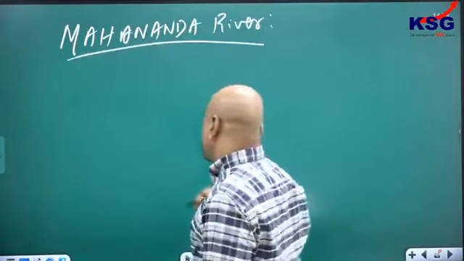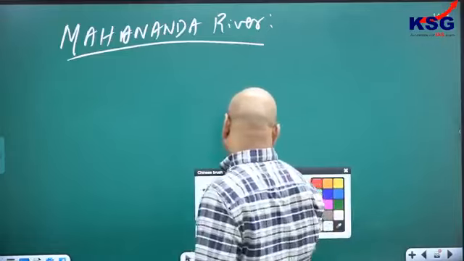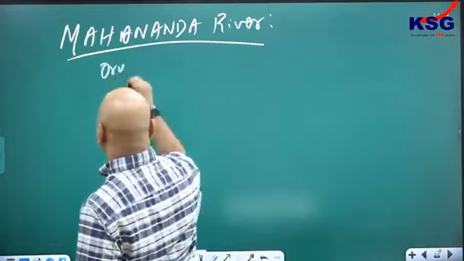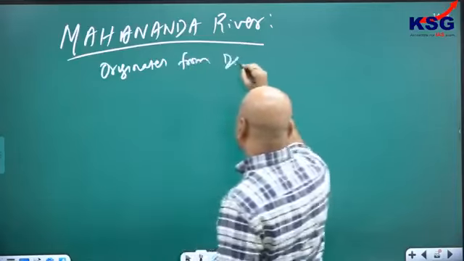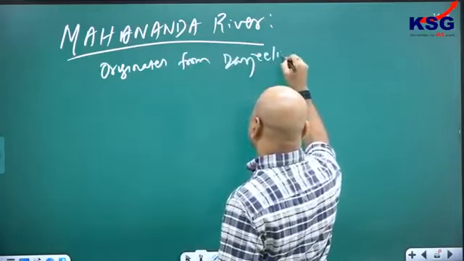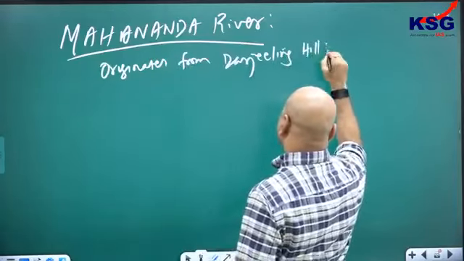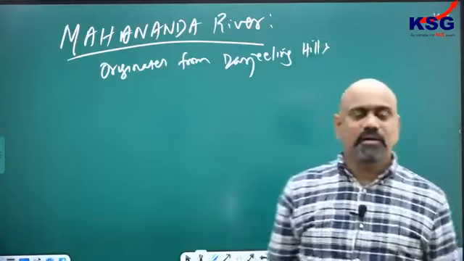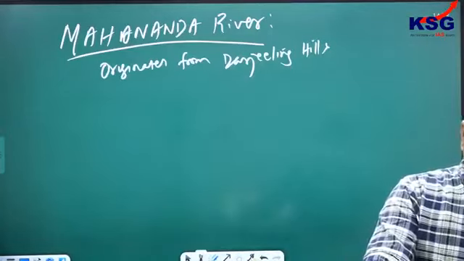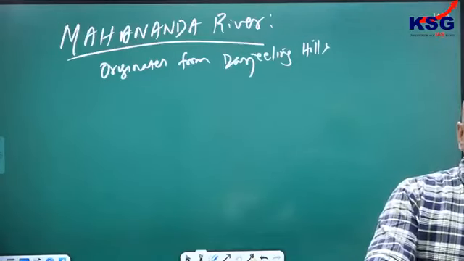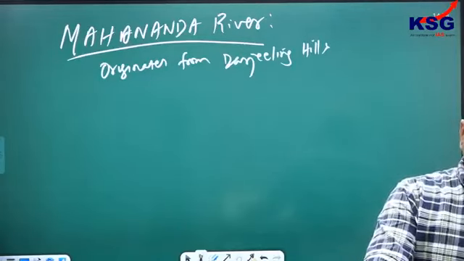This river originates from Darjeeling Hill, is not it? Originates from Darjeeling Hills. Okay, it flows downward and joins the Ganga as a left bank tributary in Malda district.